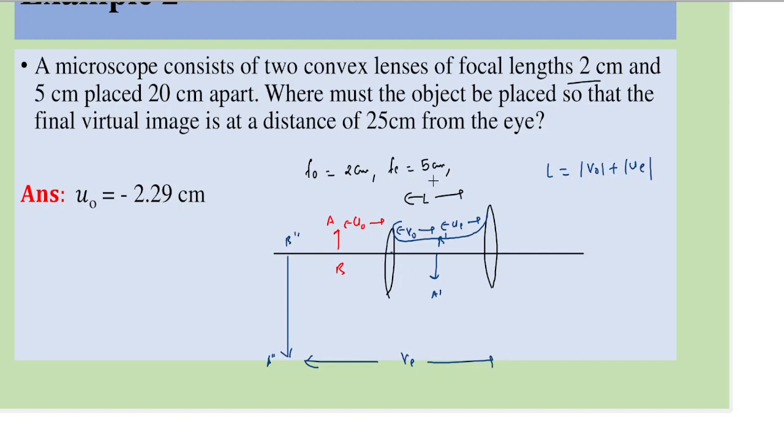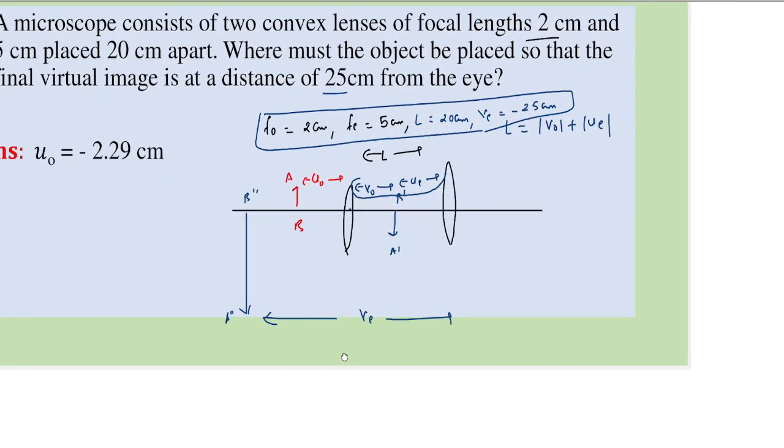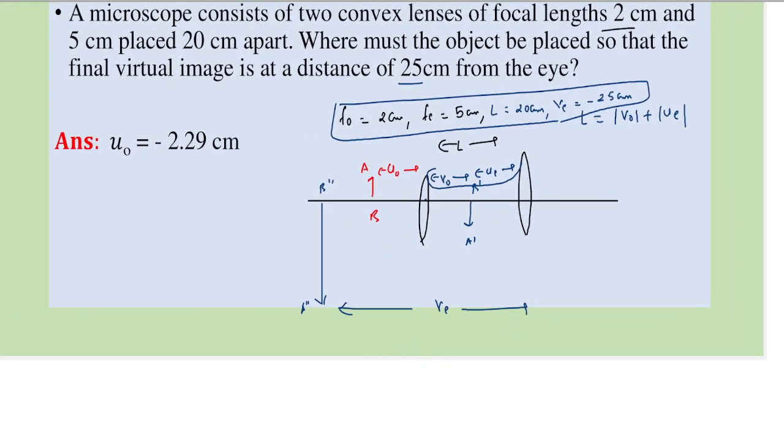Now here the length of the tube is given as 20 centimeter, and the image is formed at D, so therefore V is equal to minus 25 centimeter by sign convention. So this is the data given. So from here we need to find what is u0. The question says to find what is u0.